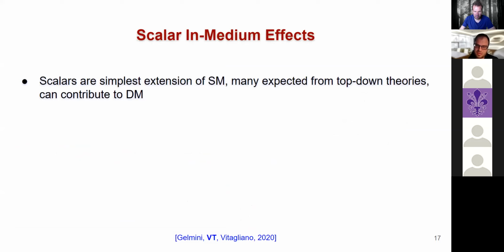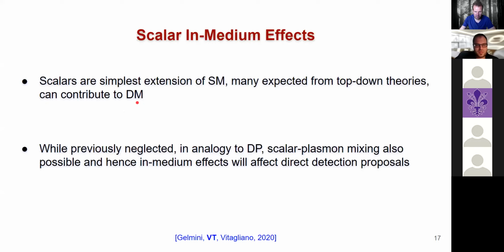And again, scalars are the simplest extension of the standard model. If you're interested in scenarios coming from top-down constructions, you expect very many moduli, scalars, and whatnot. So everyone loves scalars, and they can also contribute to dark matter.